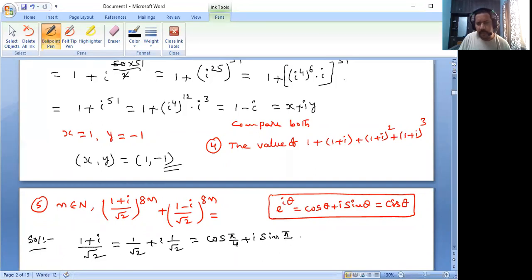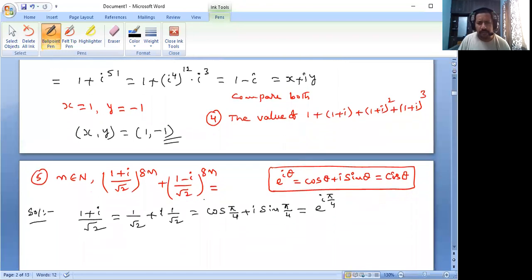So by observing the above formula, we can write this as e power i pi by 4. Now (1 plus i by root 2) whole power 8n means (e power i pi by 4) whole power 8n.